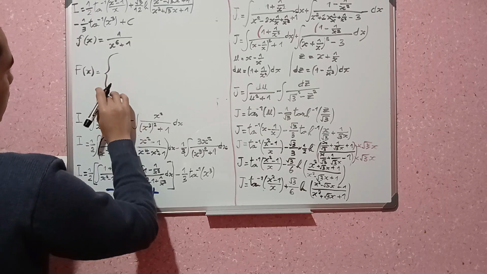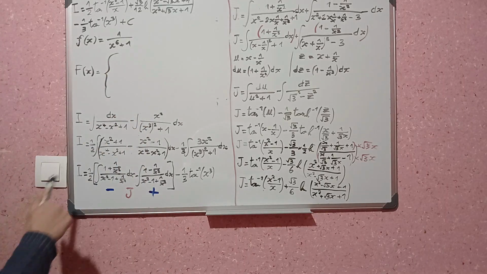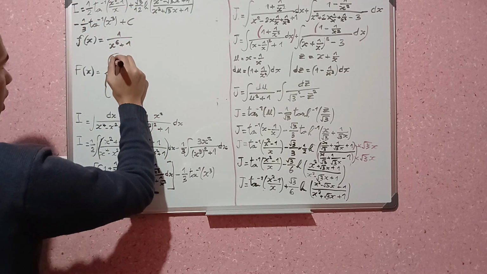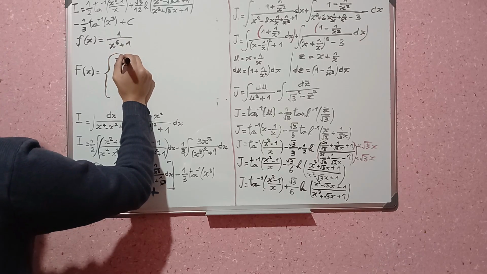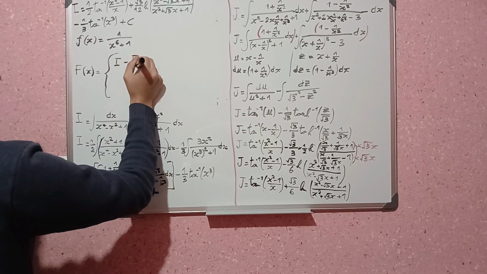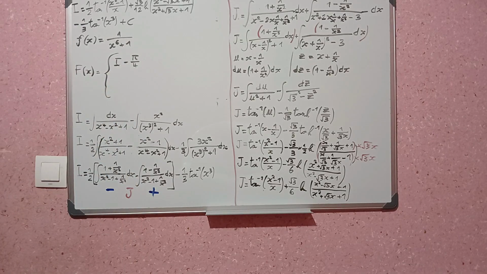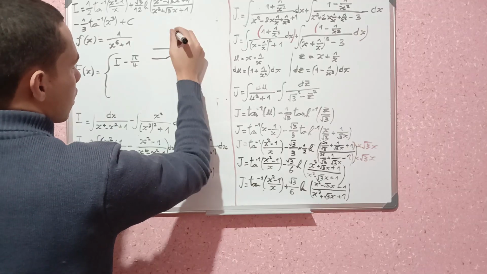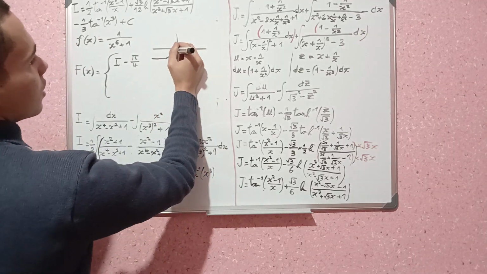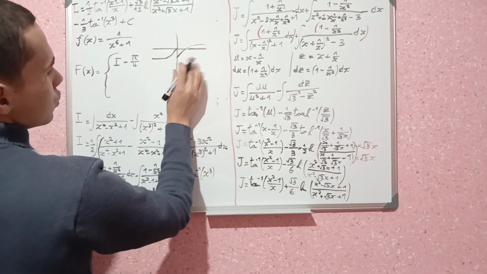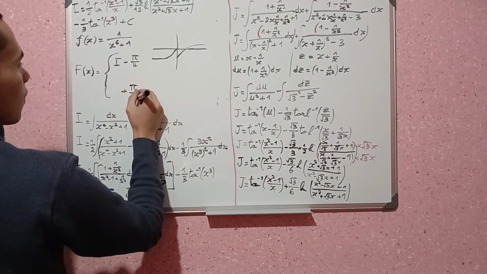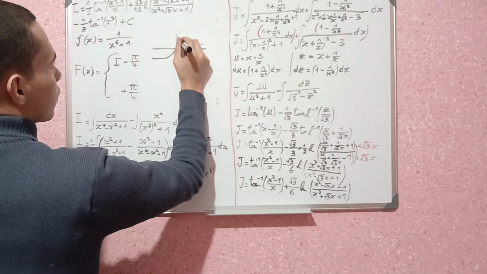So we have three expressions here. First one, it will begin from minus infinity to 0. It will be the same thing, which is I, but minus pi over 4. When you do a minus pi over 4, you will get this graph. You will get something like that. For this, to make it up, you have to add pi over 4. So it will begin from this side.